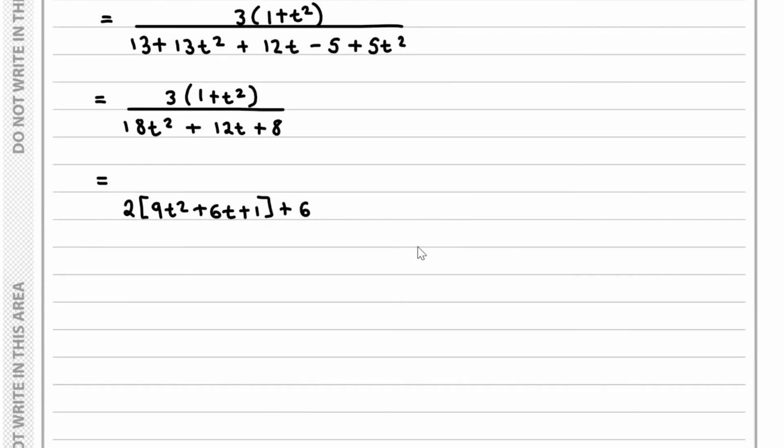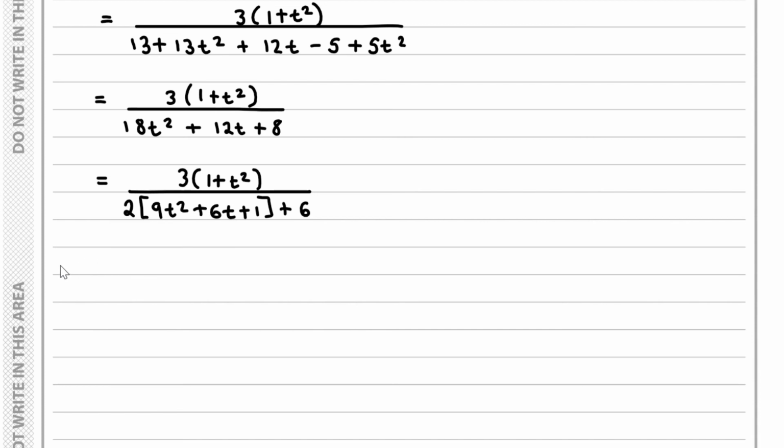So this is what we have here, and on the top, let's keep that the same. We have 3 lots of 1 plus t squared.